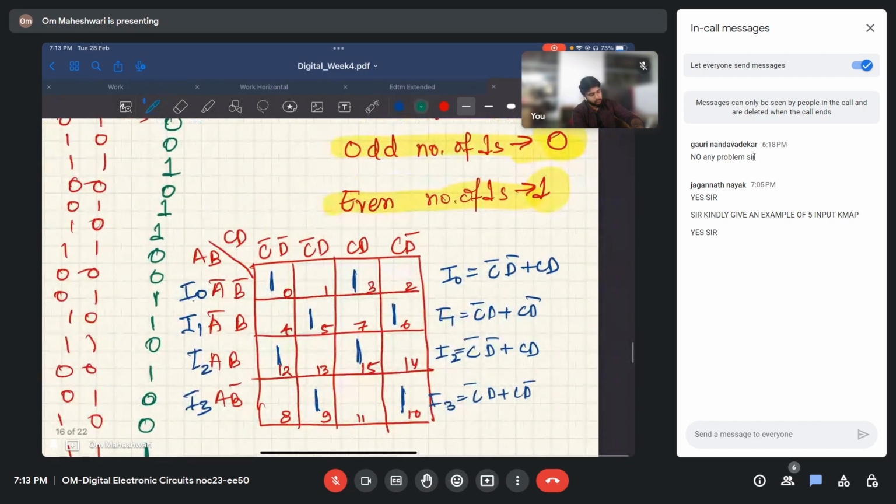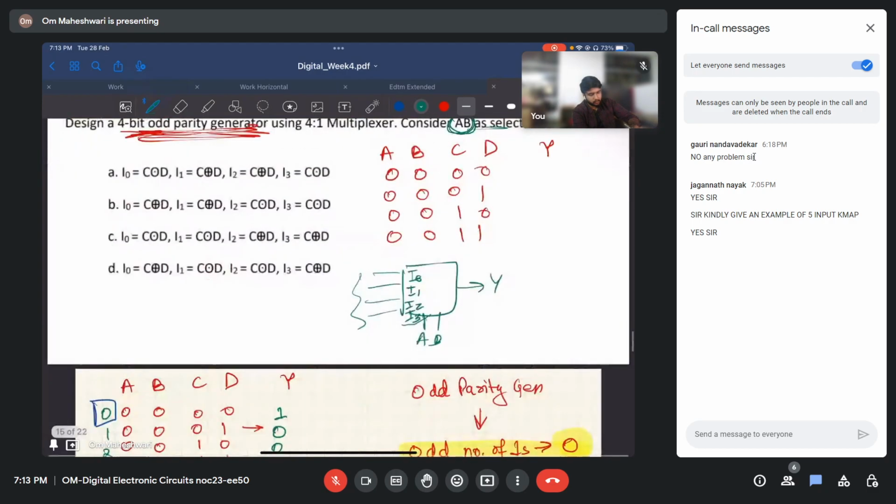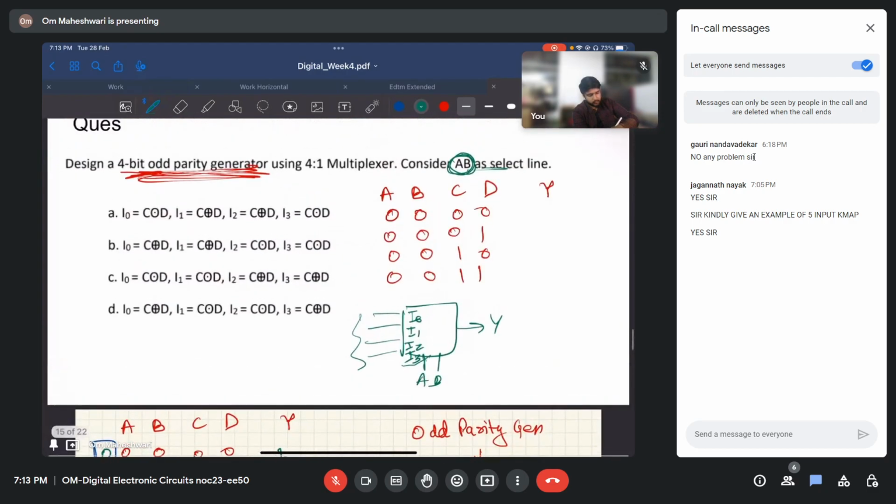That is, sorry, C XOR D, C XOR D, C XOR D, C XOR D. That is the answer.